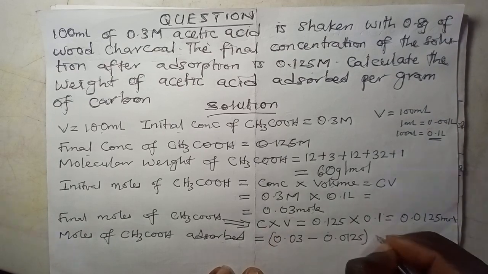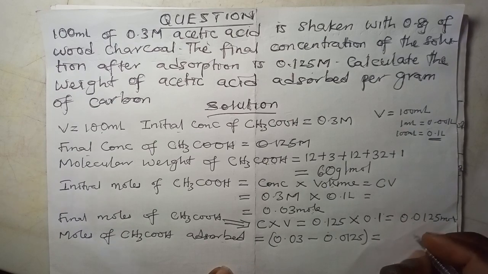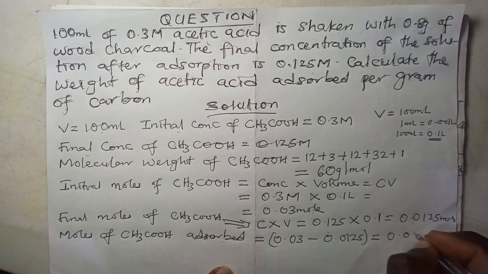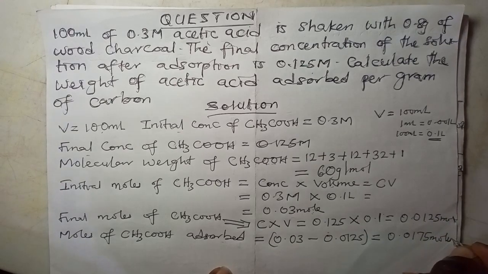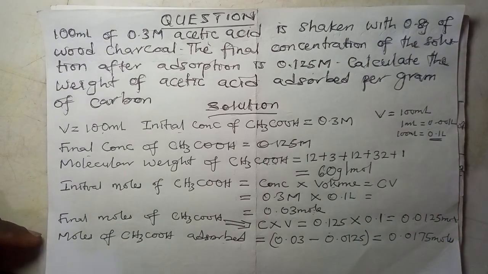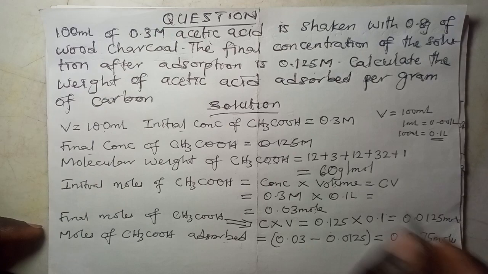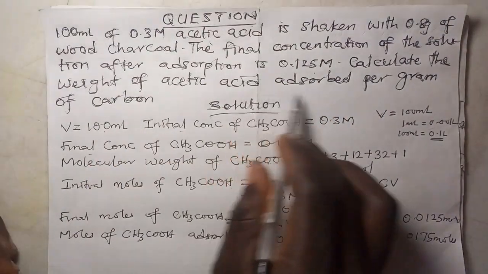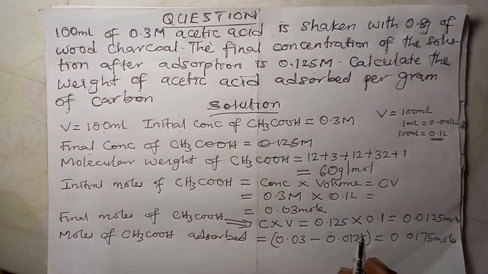When you subtract this, you will have 0.0175 mole. So this is what we shall be working with. Remember, we are asked to calculate the weight of acetic acid adsorbed per gram of carbon.